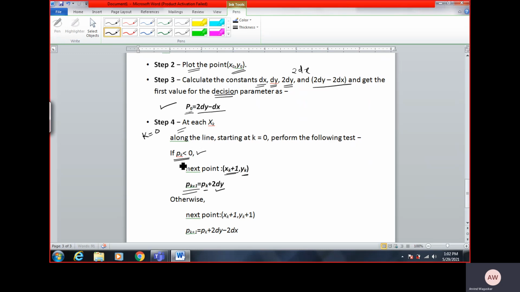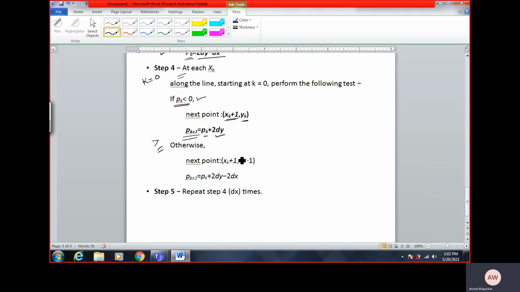If your value of the decision parameter is greater than or equal to 0, in that case your next point is you just have to increment x as well as y. Also you have to update the value of the decision parameter. So the new value is previous value plus twice delta y minus twice delta x.